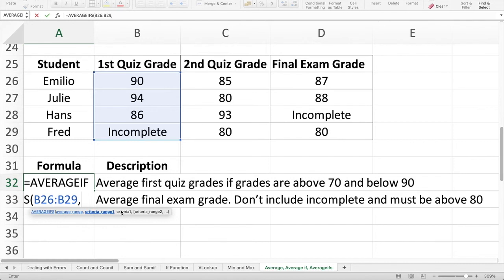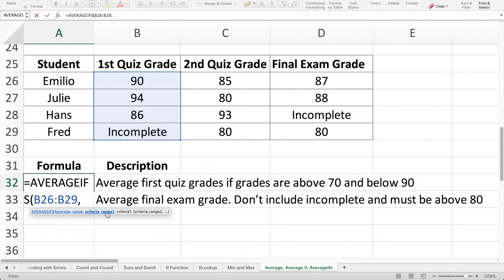So when we say criteria range 1, this is the range where we are going to apply our criteria 1. That is also different from our average range, because the average range is the range that we are going to average given the set of conditions or criteria in the next formula.